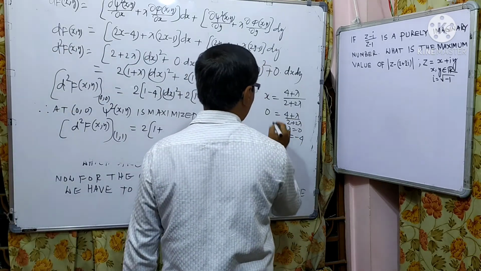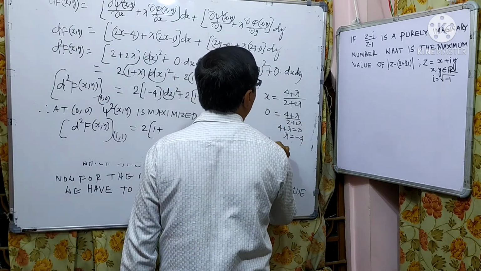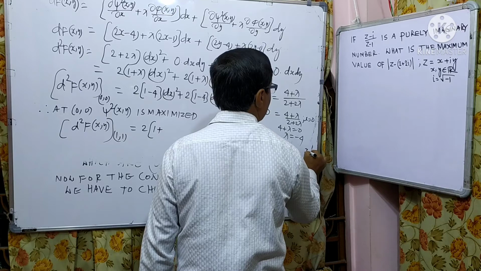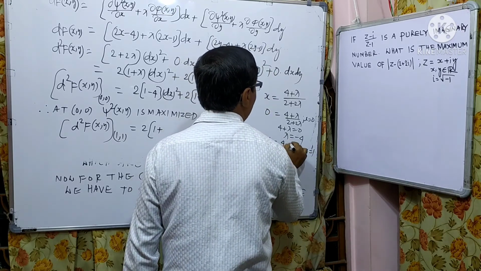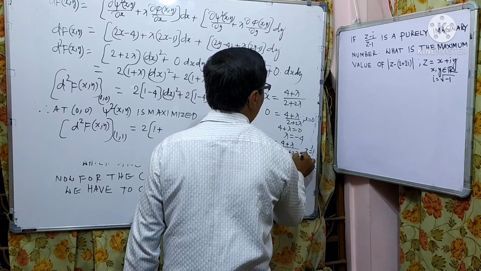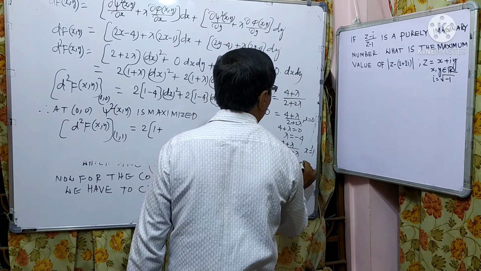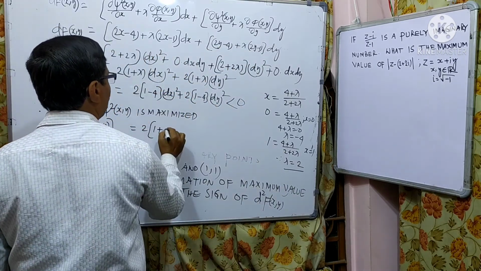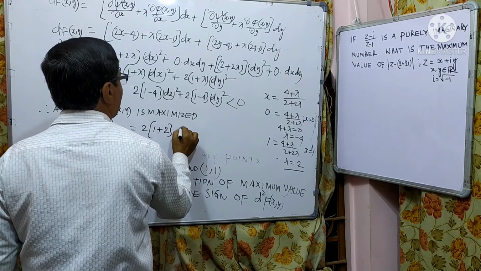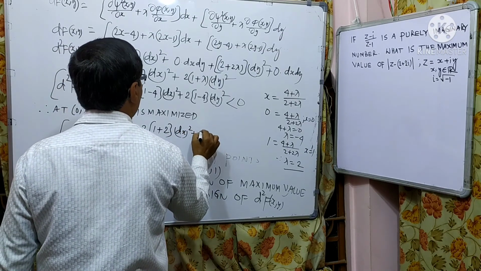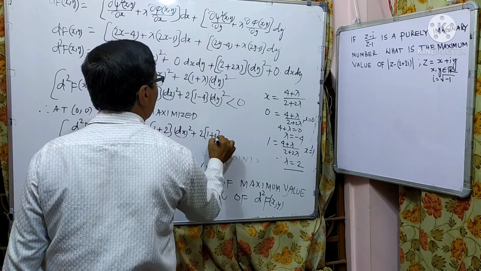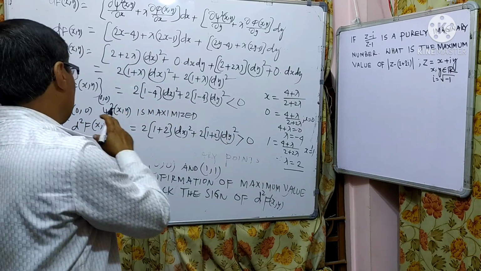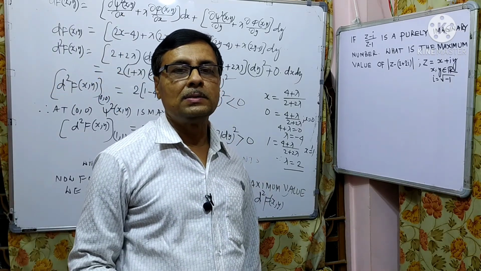Here, if x equal to 1 is chosen, 4 plus lambda over 2 plus 2 lambda, that is lambda equal to 2. So here lambda equal to 2: 2 into 1 plus 2, dx square, plus 2 into 1 plus 2, dy square, which is greater than 0. So at the point 1 1 psi square x y is minimized.